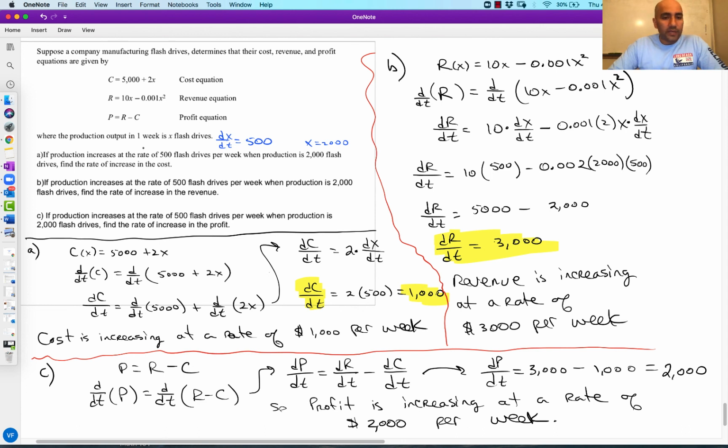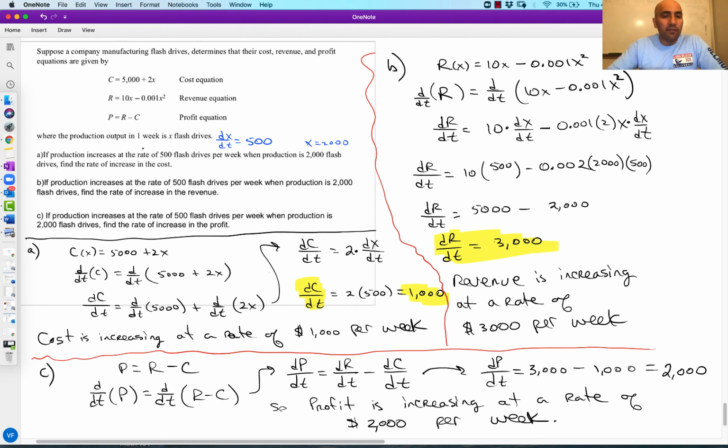Okay, in all three cases, we were asked to consider the case when the production level was x equals 2,000 flash drives being produced per week, and that we're increasing the rate of production by 500 units per week.